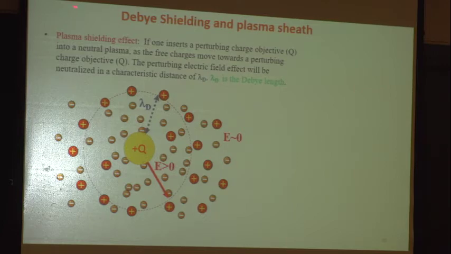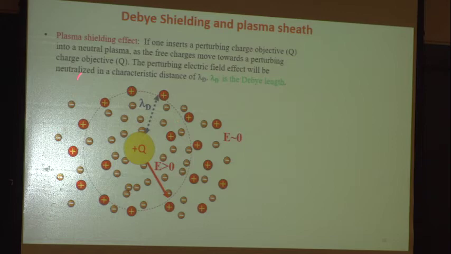Let's say I have an electrically neutral plasma mixture with ions and electrons, and I suddenly bring in an electrode or a perturbing positive charge Q. The ions and electrons will redistribute in response: the electrons are attracted to the Q, and the ions are repelled. This generates a disturbance within this radius.